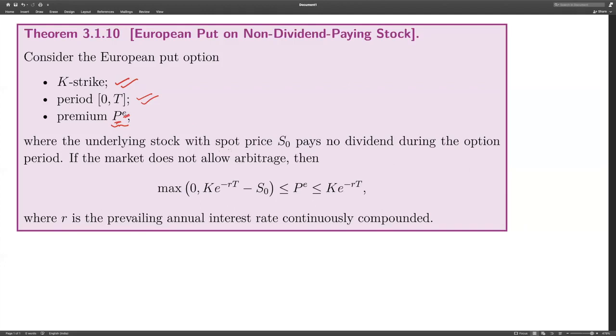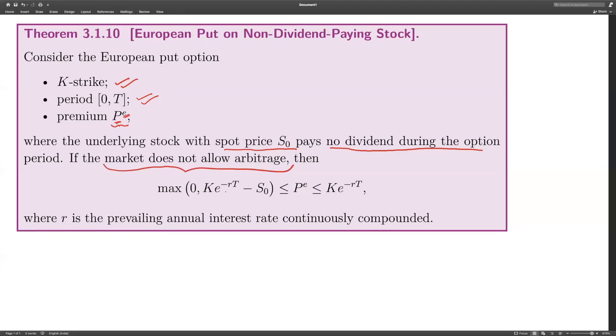We assume that the underlying stock is trading at S naught at the time of issuing, and it is not going to pay any dividend during the option period 0 to capital T. And we also assume that the market does not allow any arbitrage.